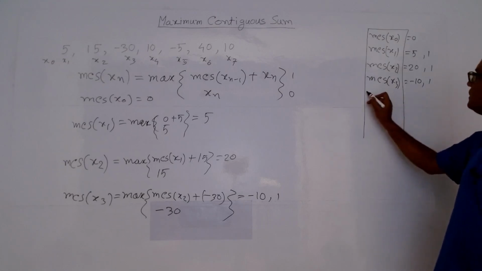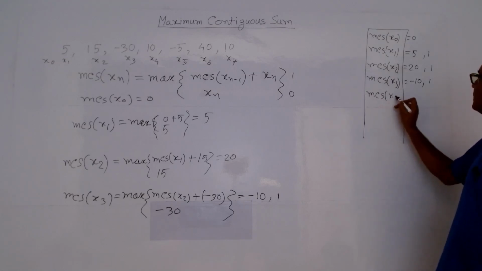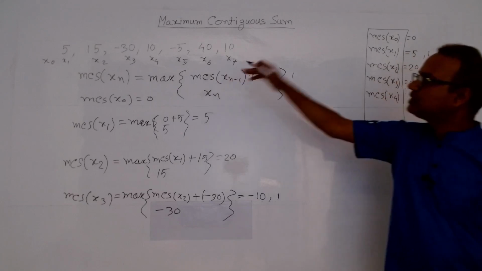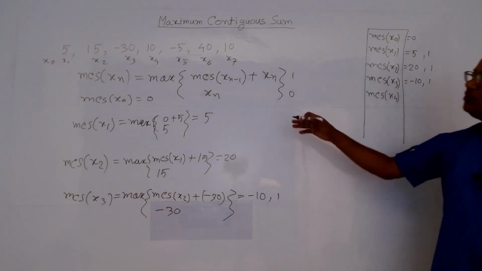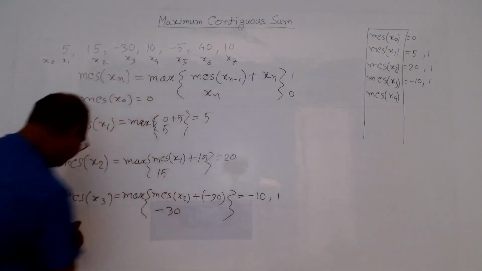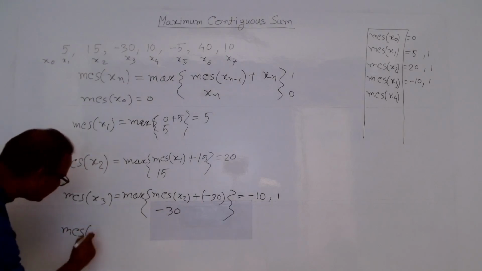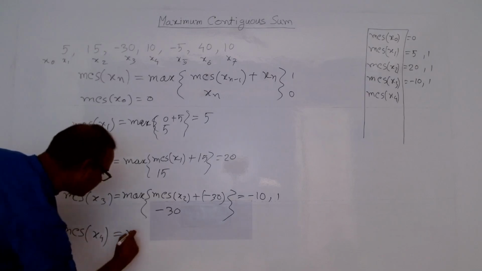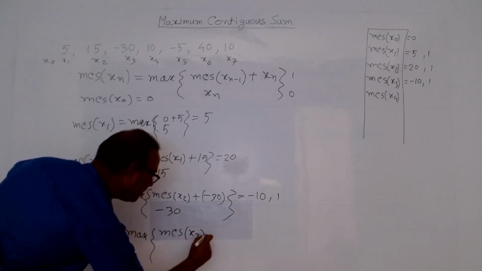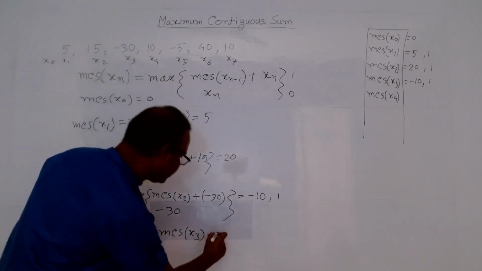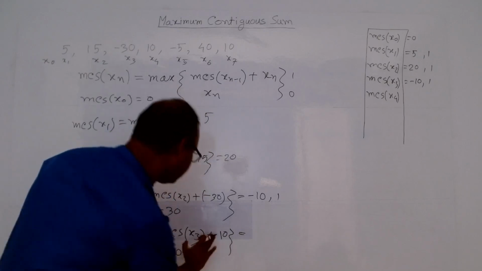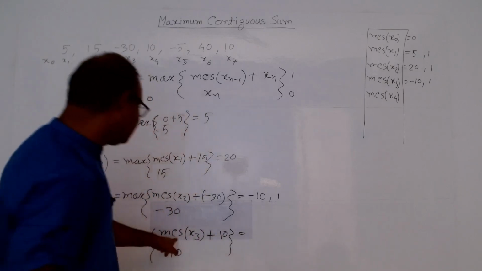MCS x4, let's now compute this directly. MCS x4 equal to, we have computed up to minus 30, next element is 10. 10 plus minus 10 is 0, and if we take 10 alone, this is a different case. So MCS x4 equal to max of MCS x3 plus fourth value 10, and 10.